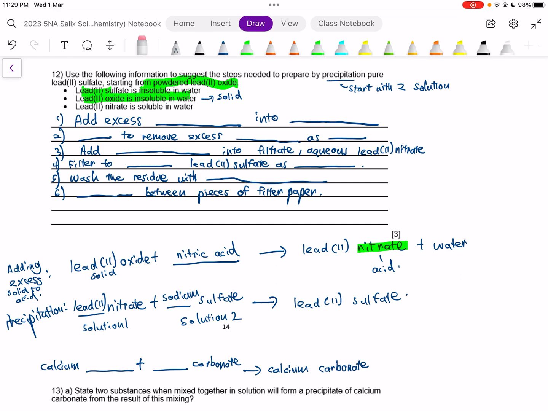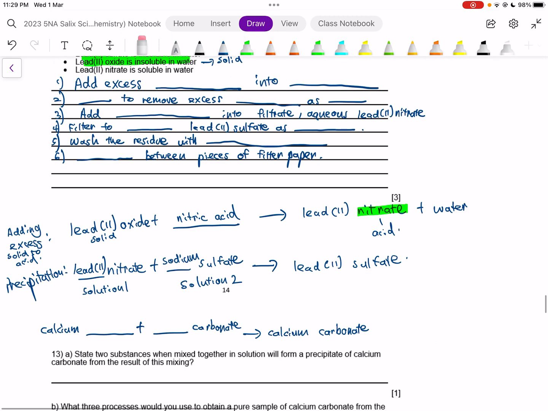It's an acid plus base reaction. Although lead 2 oxide is an amphoteric oxide, it acts as a base in this case. So you have to add excess lead 2 oxide into the acid to get the lead 2 nitrate first.